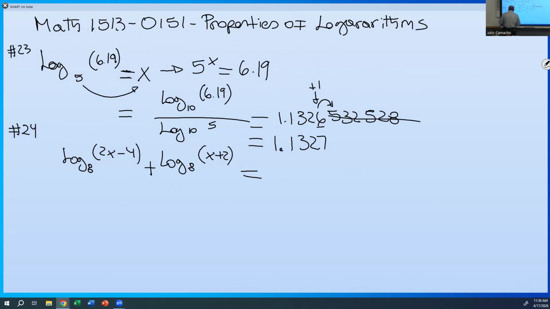When you do that, you need to apply what is called the equality rule.